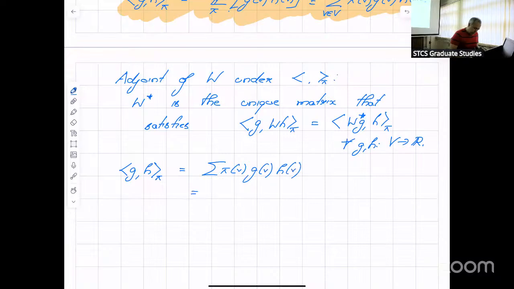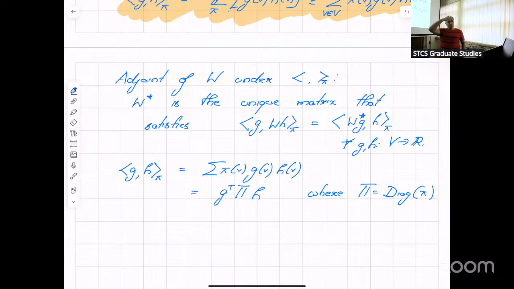So this can be written as G transpose pi H, where pi is the diagonal matrix with the stationary distribution on the diagonal. This is just shorthand for this quantity. Multiply H by pi, and then G transpose.